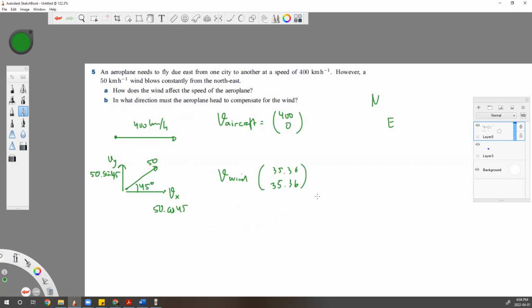Now, how does the wind affect the speed of the airplane? V of the resulting force, or the combination, is V of the airplane plus V of the wind that blows northeast.